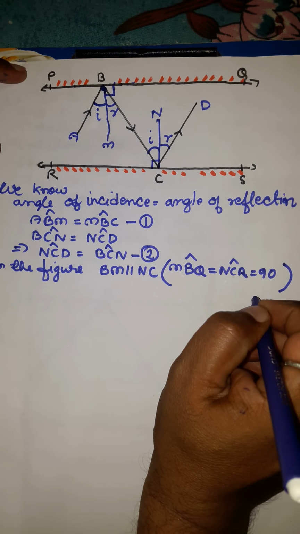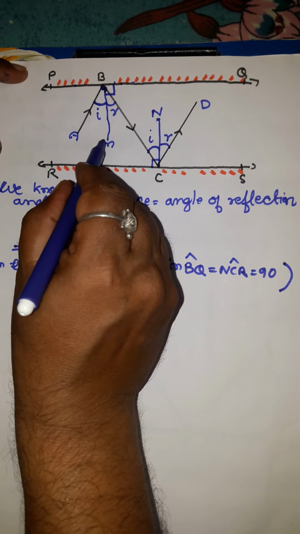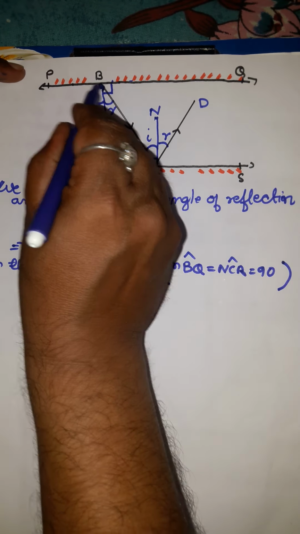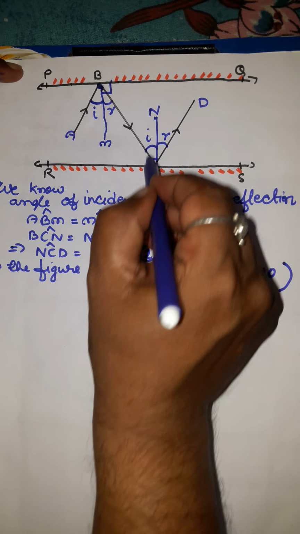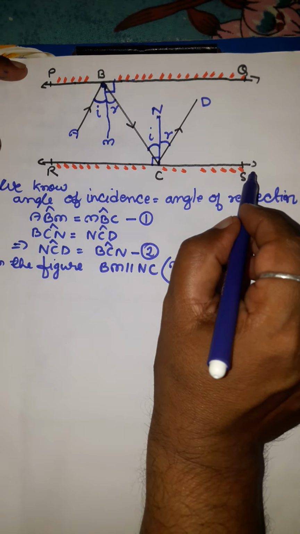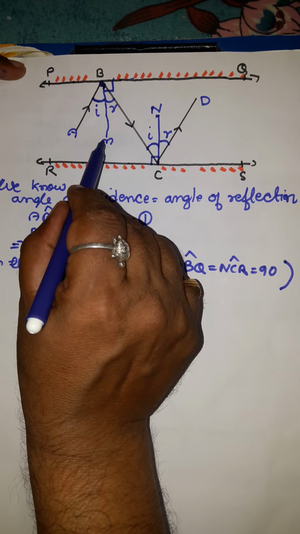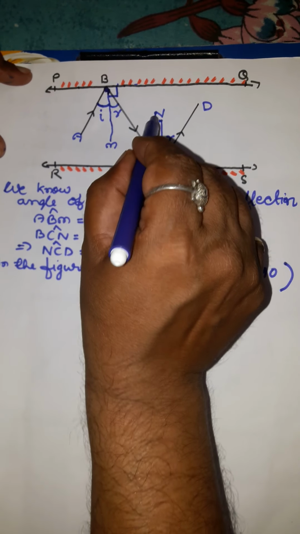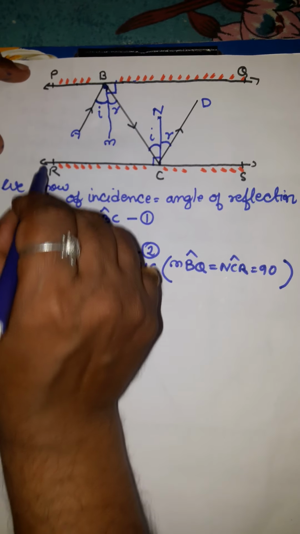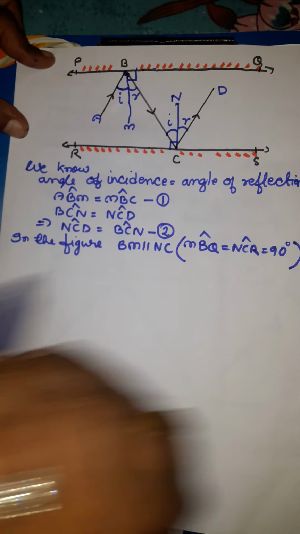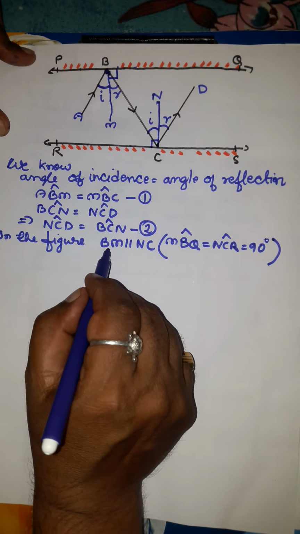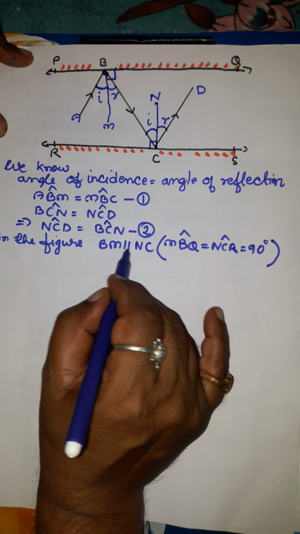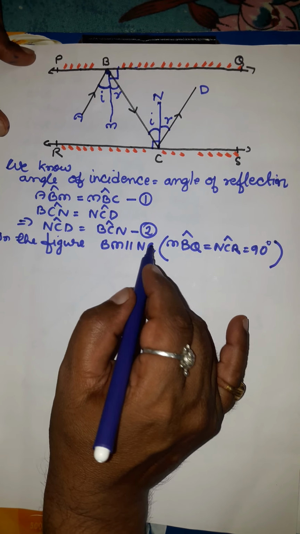You may ask why it is 90 degrees, because we have drawn MB perpendicular to PQ and NC perpendicular to RS. Therefore, angle MBQ and angle NCR measure 90 degrees. So there is a reason why BM is parallel to NC.